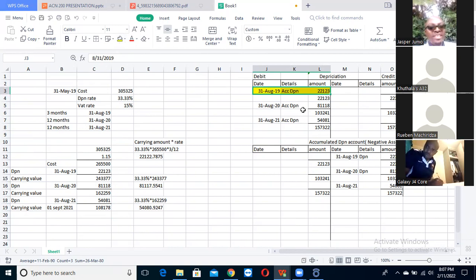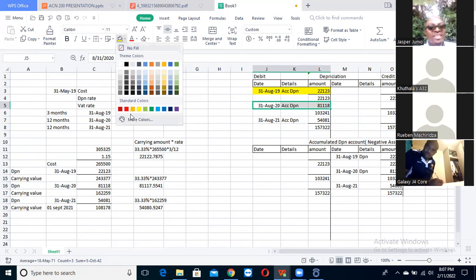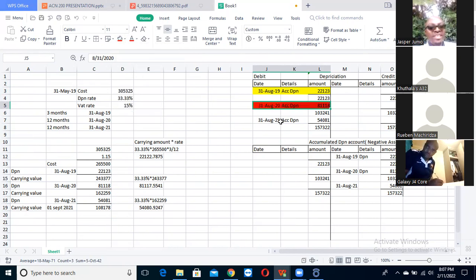Let's look at the 2 periods remaining, which are 31 August 2020 and 2021. You'll find that the depreciation charge for 2020 was 81,118 rand.